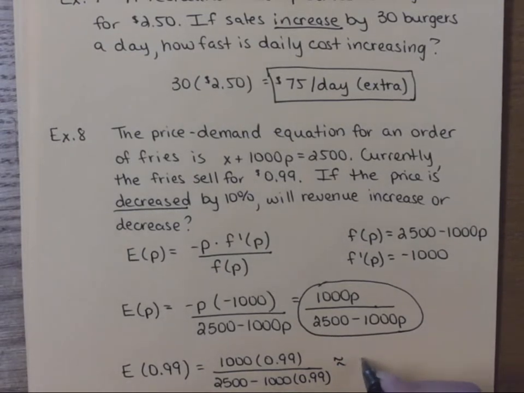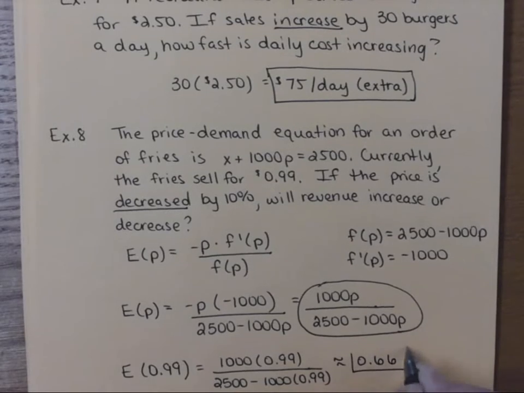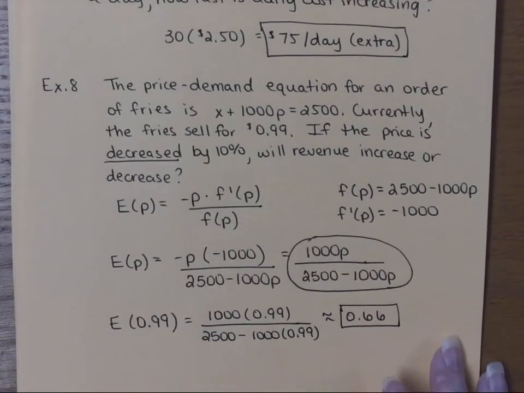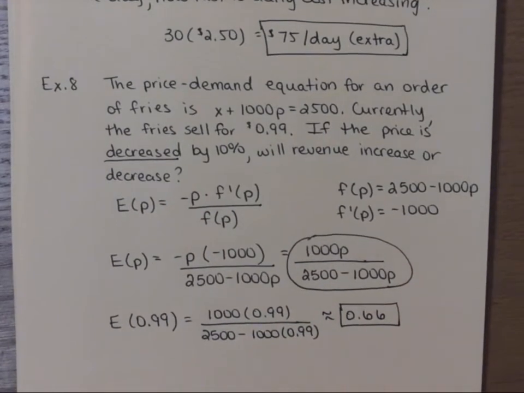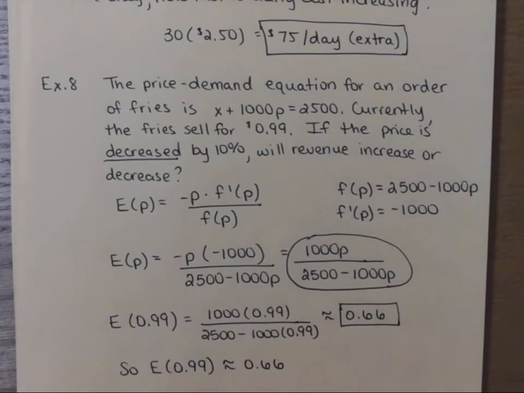Notice that we get about 0.66 if you work that out on the calculator. So when we do E of 0.99, we get around 0.66.